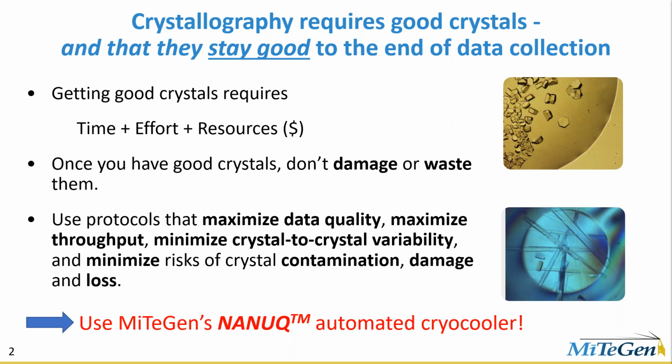So you want to use protocols that will maximize your data quality, maximize your throughput, minimize crystal-to-crystal variability, and minimize the risk of crystal contamination, damage, and loss. It's with all of these ideas or goals in mind that we have developed our Nanuq automated cryocooler.